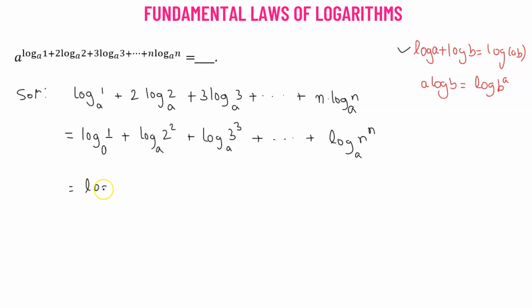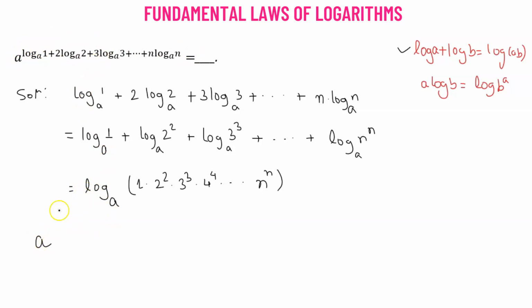That means we have log of base a. Now we'll multiply 1 with 2 squared with 3 cubed. Next will be 4 raised to the power of 4. So you can see the trend, and this goes all the way up to n raised to the power of n. Right. So this will be our value of the power part or the exponent part.